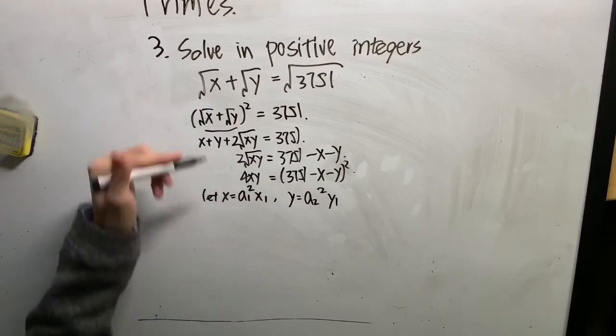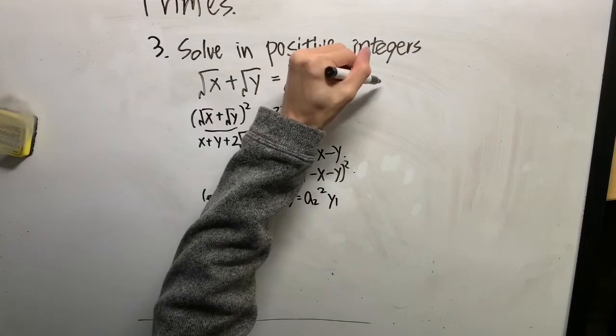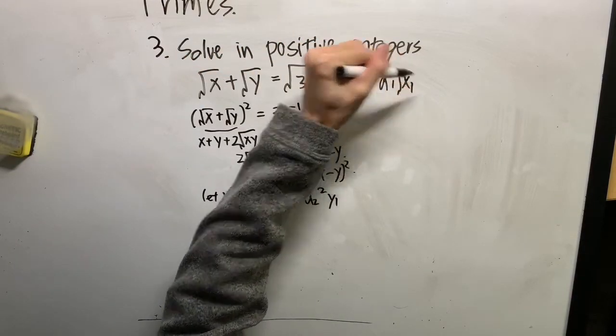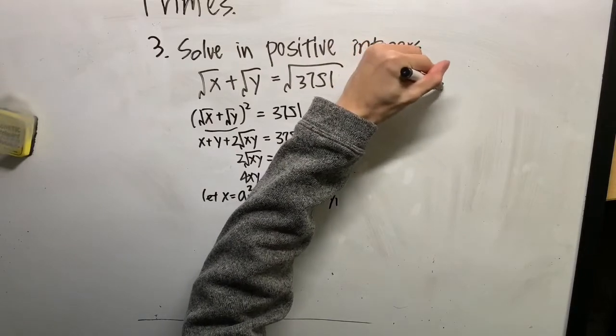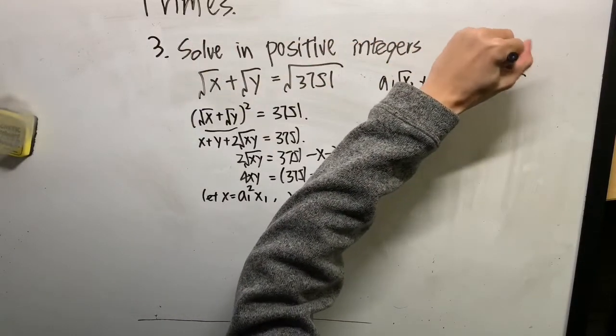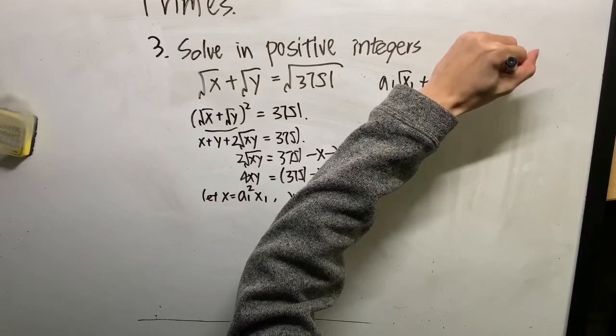So this follows that a1 root x1 plus a2 root y1 equals root 3751.